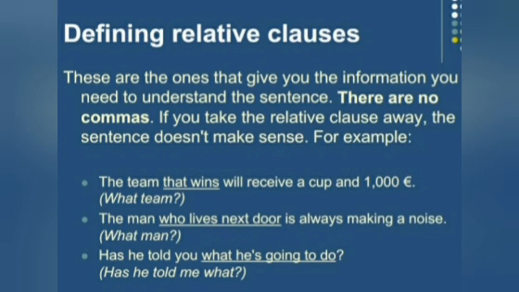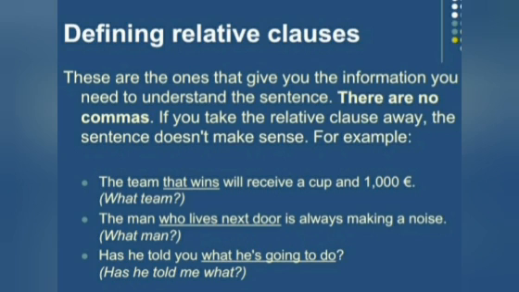Now there are thousands of people living in your colony, in your area. How to find out which man is making the noise? So you have to identify. So this clause is giving you important information. It is giving you essential information for you to understand the man who lives next door, मतलब just बगल में जो रह रहा है, that is the person who makes noise.